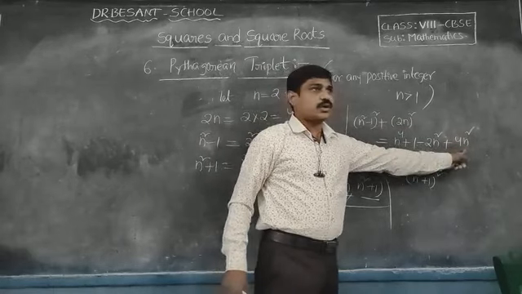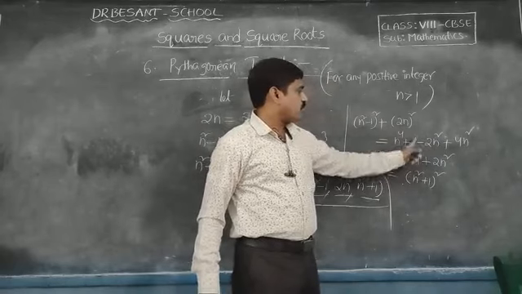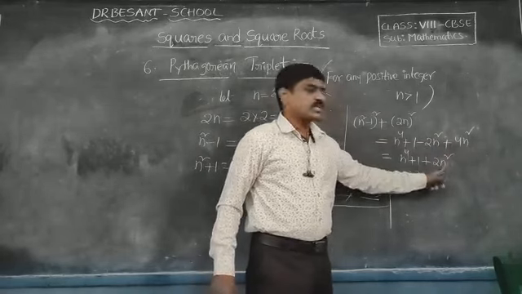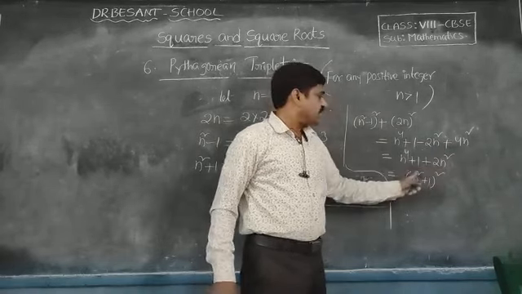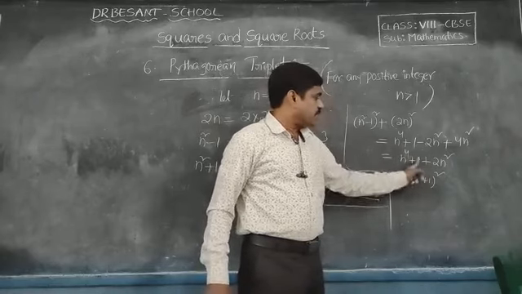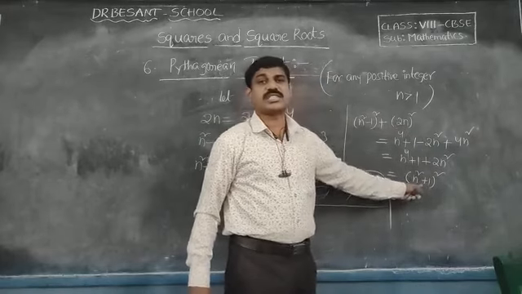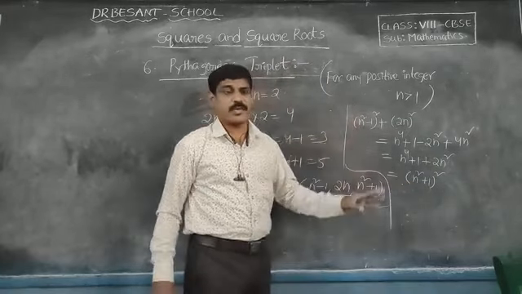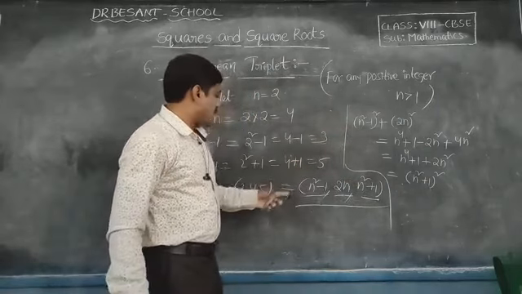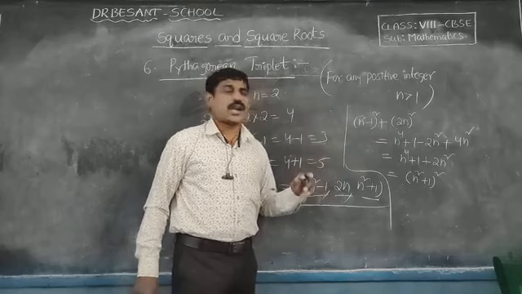This is plus 2n whole square, that means 4n square. n power 4 plus 1, 4n square minus 2n square, that is equal to 2n square. This one we can write as n square plus 1 whole square. So a square plus b square is equal to c square. Then ABC is a Pythagorean triplet. Like this, n square minus 1, 2n, n square plus 1 is also a Pythagorean triplet.